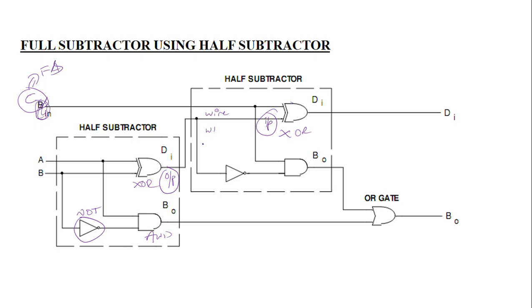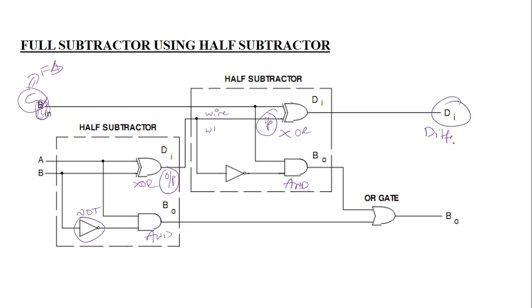Next, the W1 wire is also assigned to the borrow. The two inputs going to the XOR gate also go to the AND gate for the borrow, the only difference being that the NOT gate on the second input goes to the AND gate. By that we get the difference and the borrow.